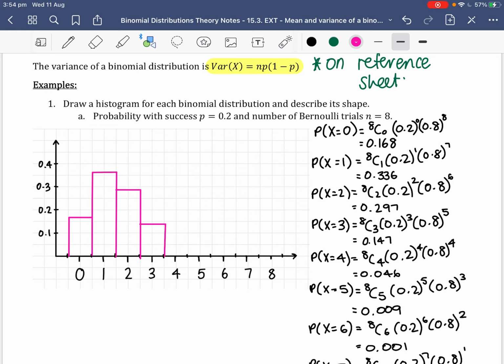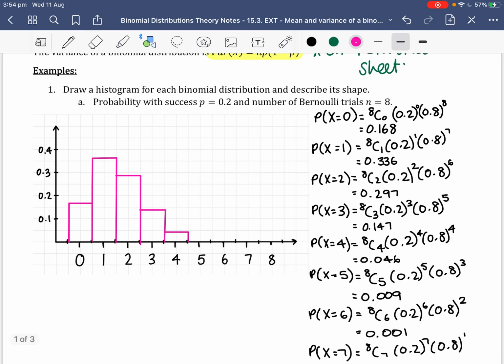Probability of 4 was 0.046. Probability of 5 was 0.009. Probability of 6 was 0.001.